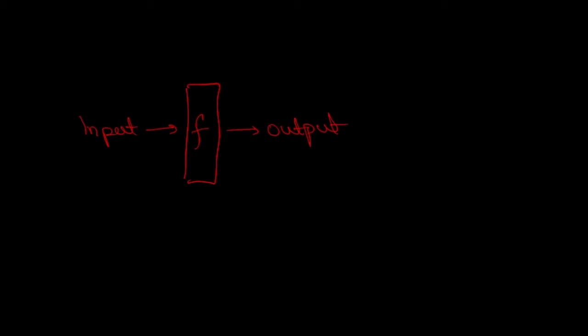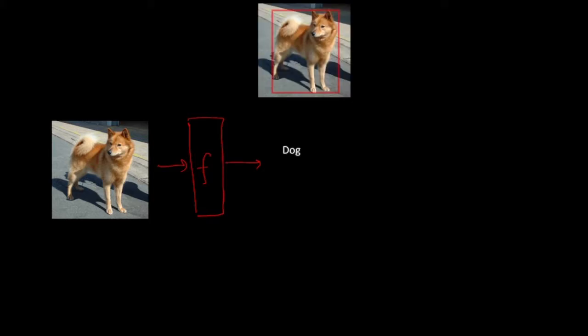Now, in case of computer vision, the input is usually an image, which, when given to a prediction model F, the model can output something about the image, like what the image contains. For example, in this case, it would just be a dog. Or if the image contains an object like a dog, then the model can tell at which location in the image the dog is present by providing a bounding box around that object.